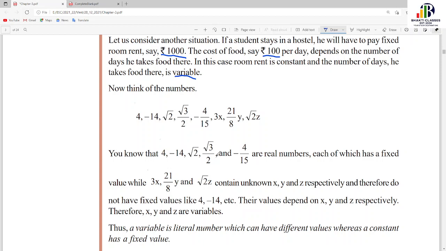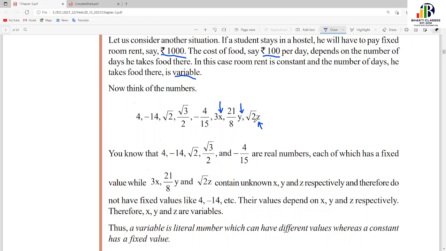4, minus 14, root 2, root 3 by 2, minus 4 by 15, 3x, 21 by 8y, root 2z. We know that all the numbers which do not contain letters are constant.